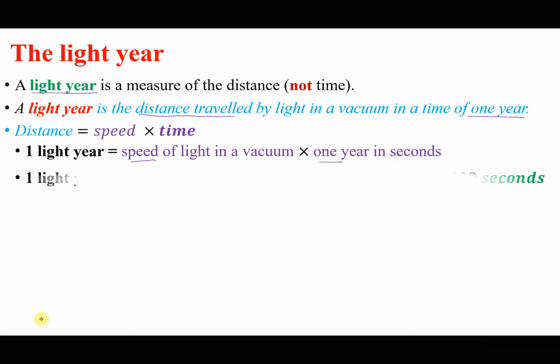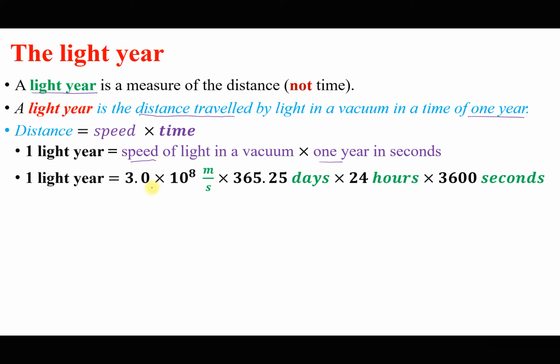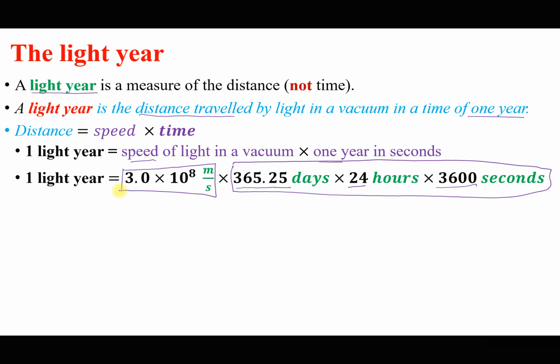If I convert this, our speed is 3 times 10 to the power of 8 meters per second. Then I change the 1 year to seconds, which becomes 365.25 times 24 hours times 3,600 seconds. So this is the time, which is 1 year. So this is the distance traveled by light in 1 year. So that is speed times time.